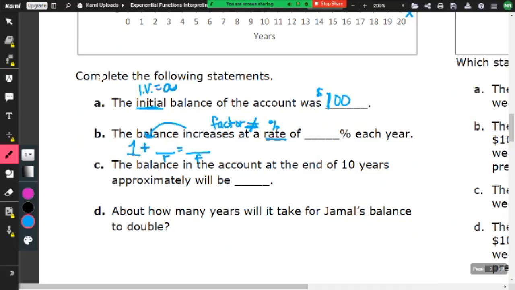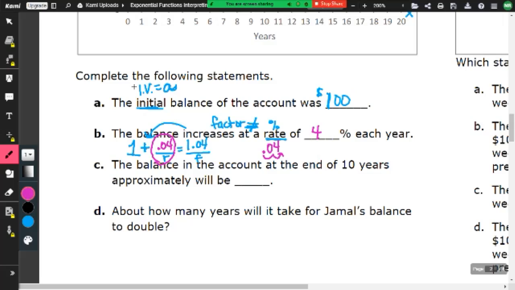Now, what is the factor once again? 1.04. What did we add to 1 to get 1.04? 0.04. Notice this is the one that we labeled as the rate. Now, because I have to have it as a percent, I take that 0.04 and move that decimal which way? To the right, 1, 2. And our rate is 4% each year.